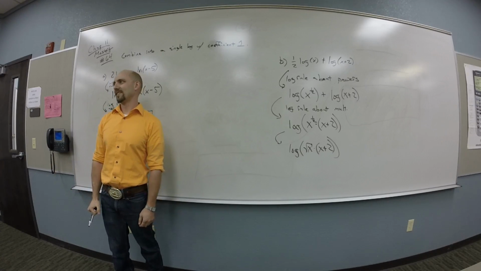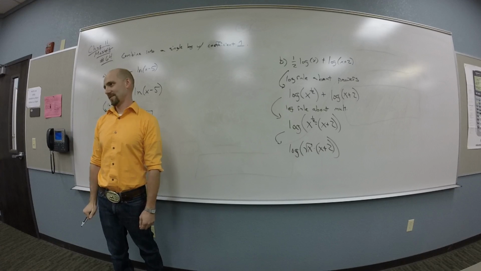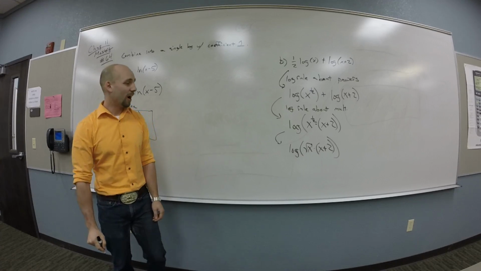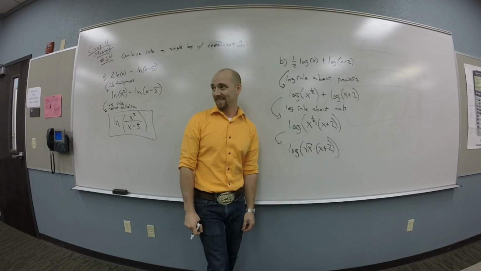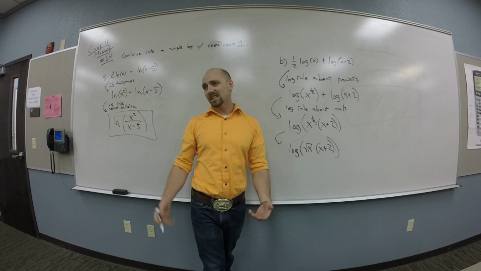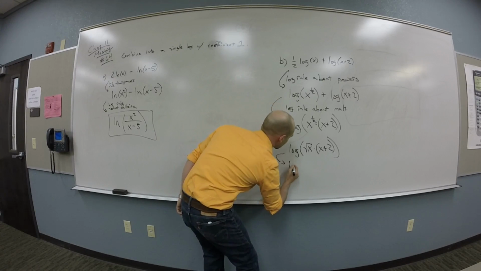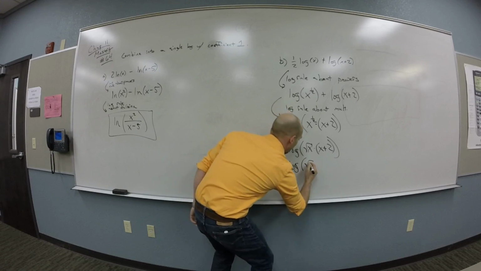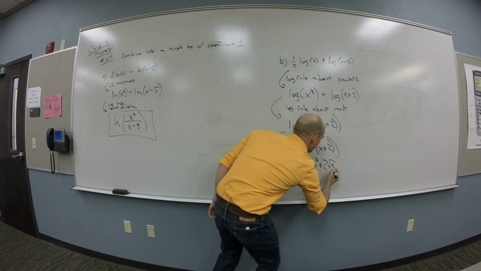Square root of x cubed, unfortunately. It's root x times x, right? So I could write that as root x cubed plus 2 root x. That's not great, right? So another way you could express this is as log of root x cubed plus 2 root x.